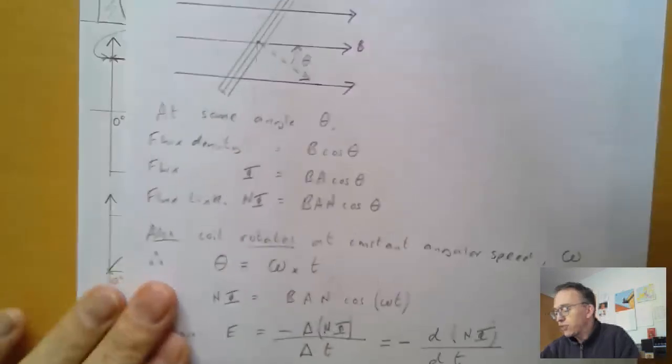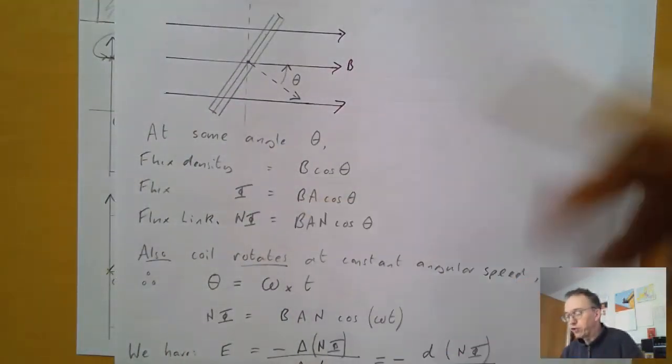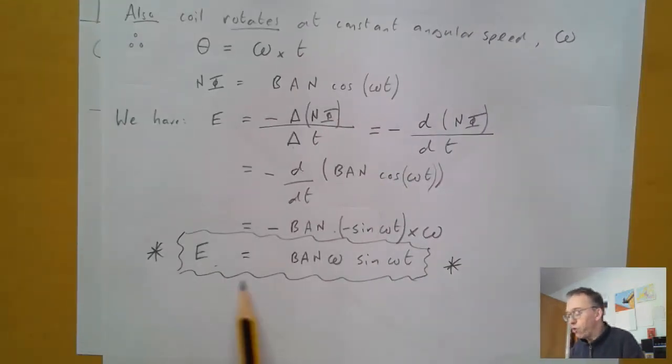The derivation for the general case we don't actually need to be able to reproduce. We do, however, have to be able to know and use this equation, E equals BAN omega sine omega t. Okay, so that gives us the EMF induced at any time t.